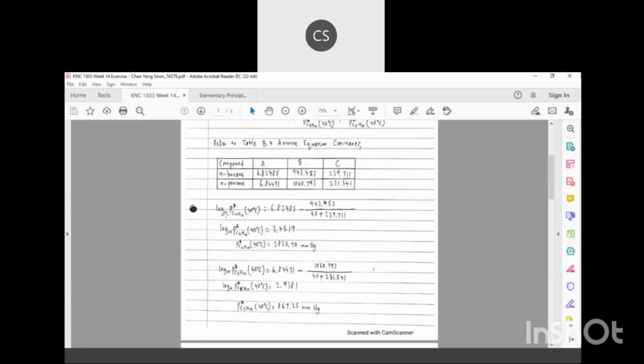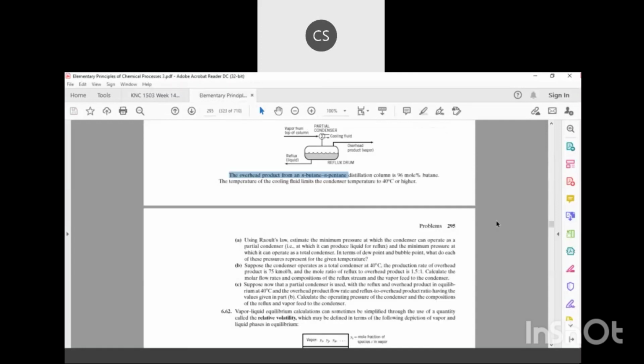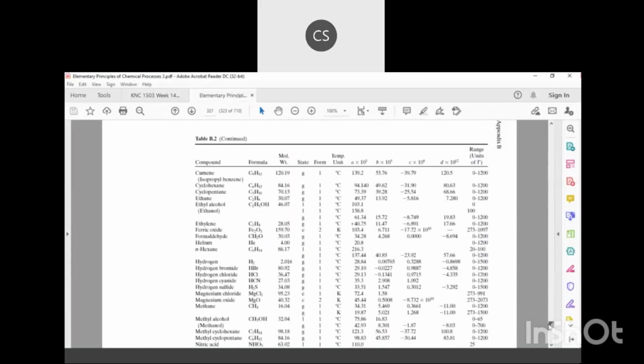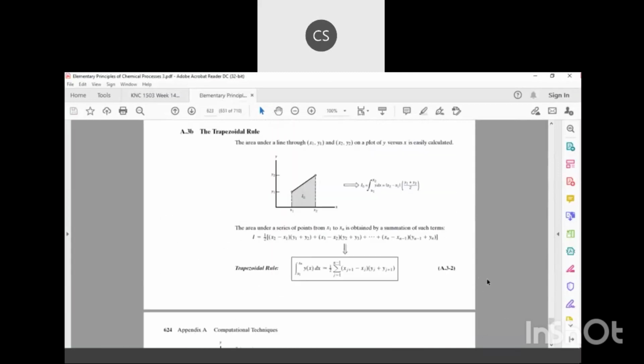As mentioned, Table B.4 has a formula on that page.